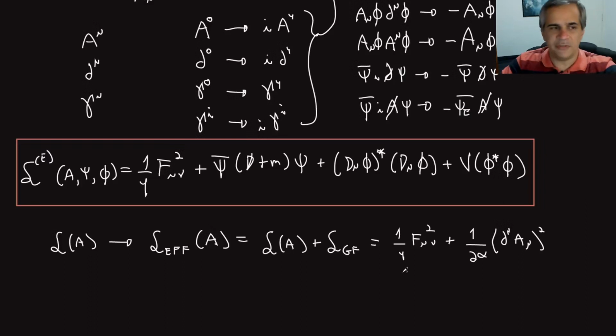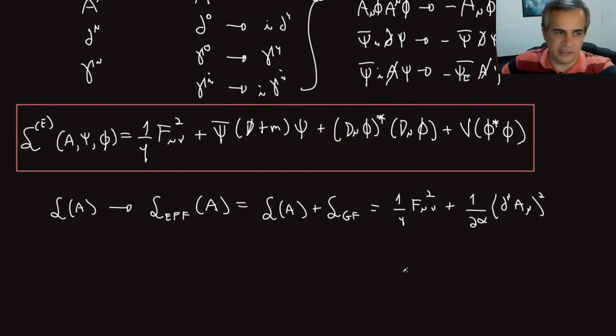The next thing would be to find the propagators. The way to go about it is first to notice that there are some interactions in this Lagrangian. Let me write explicitly the one that comes from this part. It will be something like psi bar, gamma mu, A mu, psi. That's what comes out of here.